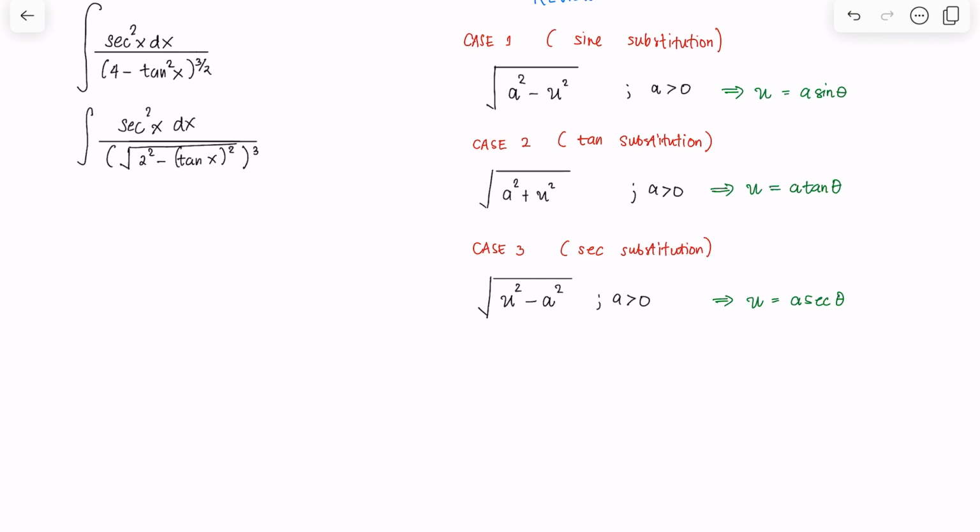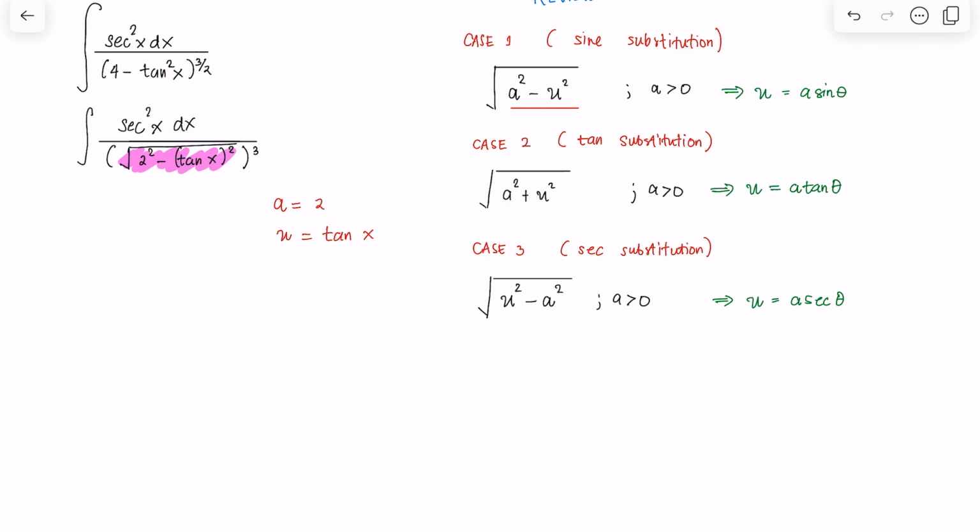Notice that this form over here resembles this form here, where our a is 2 and our u is the tan of x.